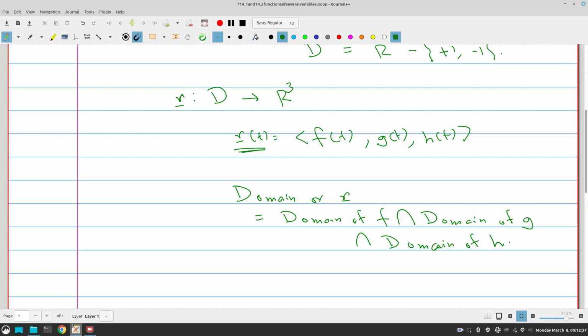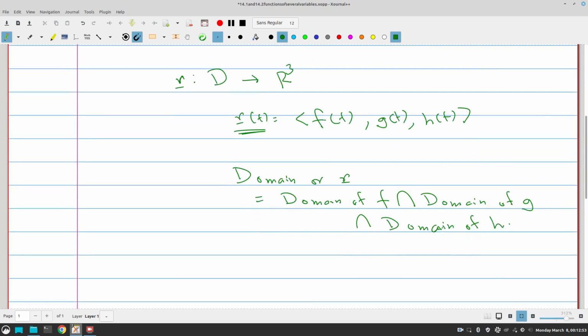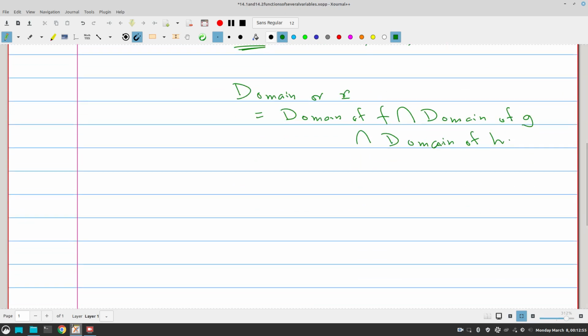h. Now what's different about functions of several variables? What's different is that now our functions are going to take in more than one variable. So they're going to take in ordered pairs. First let's define what an ordered pair is. Ordered pairs, x, y. First of all, why is this an ordered pair?